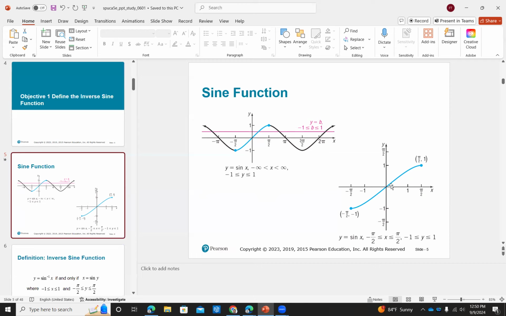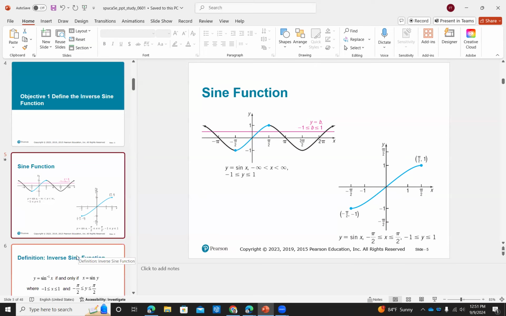So if we only take this portion of the graph, which runs from -pi/2 to +pi/2, it shows our 5 key points. And if we are restricting the domain to -pi/2 to +pi/2, the range is still the same. The sine graph is not going to go any lower than -1, and it's not going to go any higher than +1.